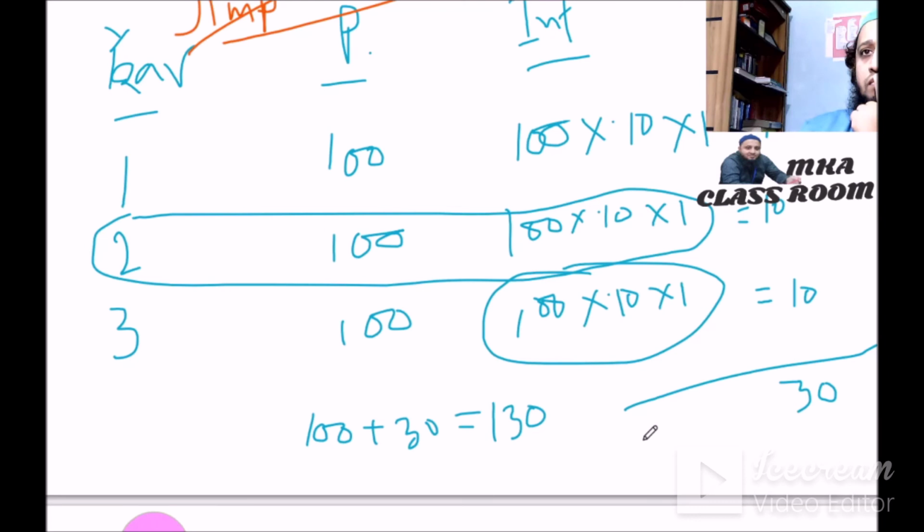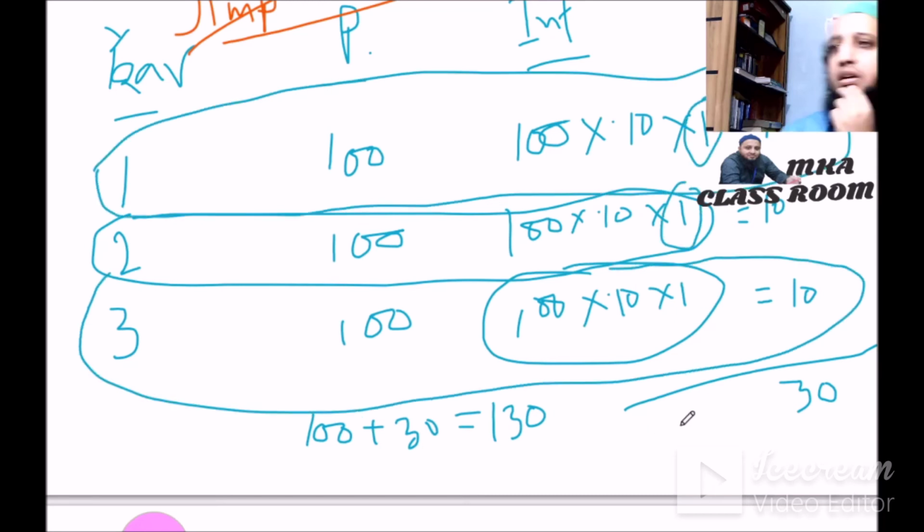So clear? You may have a question in your mind, why it is 1. We are calculating a single year's interest, that is why the value should be 1 in here.